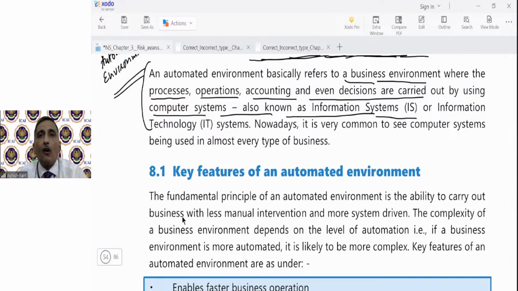Although automation would be providing many advantages to business, like faster operations, less manual intervention, quicker results, and the ability to process a large volume of transactions in a small amount of time. But from the perspective of the auditor, it becomes more complex.